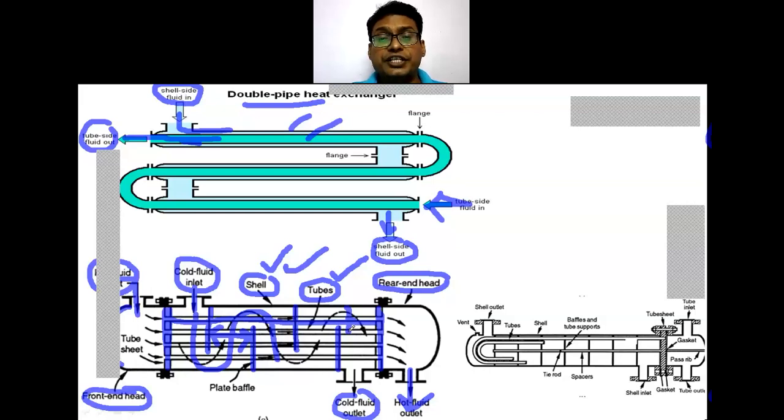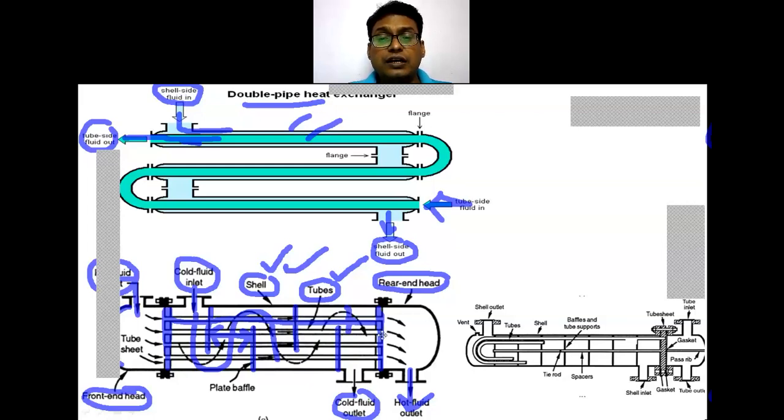So changes in cross sectional area and changes in direction create the turbulence for the shell side fluid. The requirement of increase in the turbulence is for increasing the heat transfer rates, increasing the heat transfer coefficients. For that purpose, the baffles are provided.